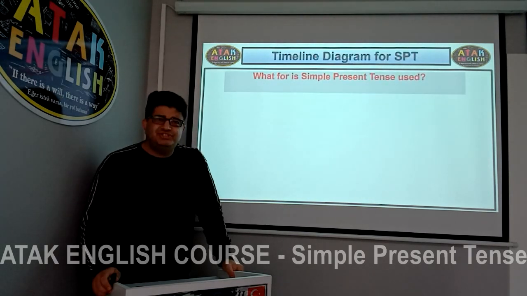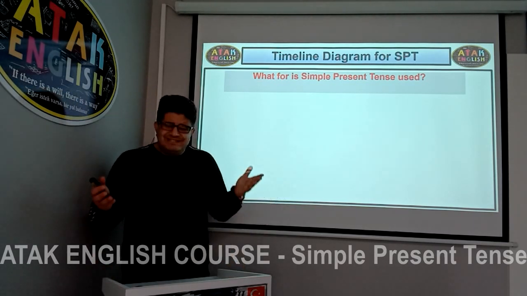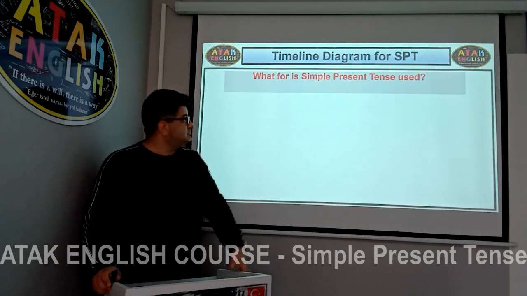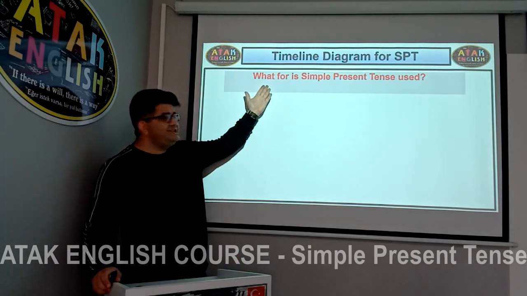Okay. Let's start with the timeline diagram for simple present tense because it's always better and easier to understand the appropriate usages of tenses in English language on the timeline diagram. Here comes our question.